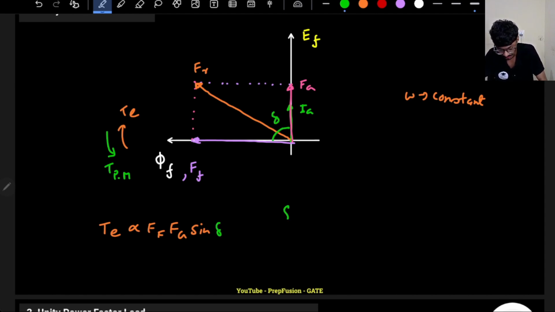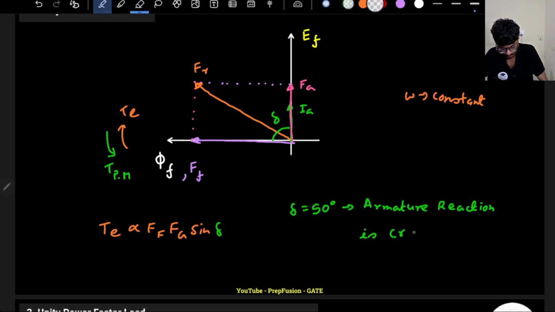In this case, delta is 90 degrees. So that basically means that the armature reaction is cross magnetizing.